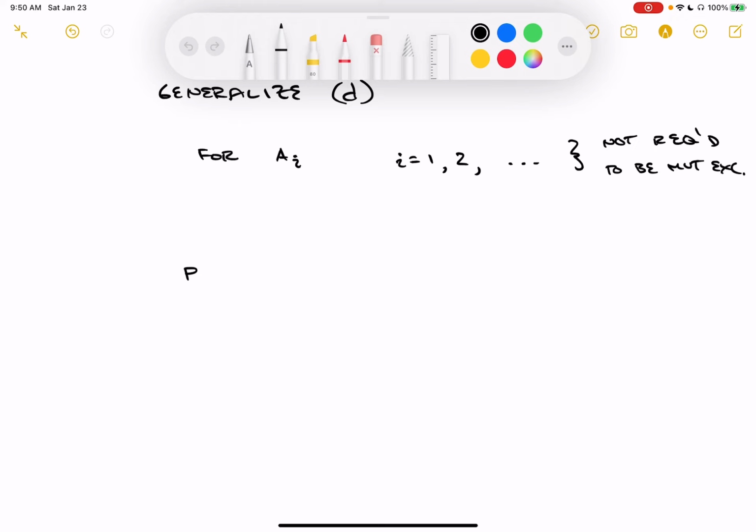The probability of the union, i equaling 1 to infinity, of A_i is equal to a summation, i equaling 1 to infinity, of the probability of A_i, minus the probability of A_i intersect B_i. I don't even know that this is in the book, so this is a little extra piece.